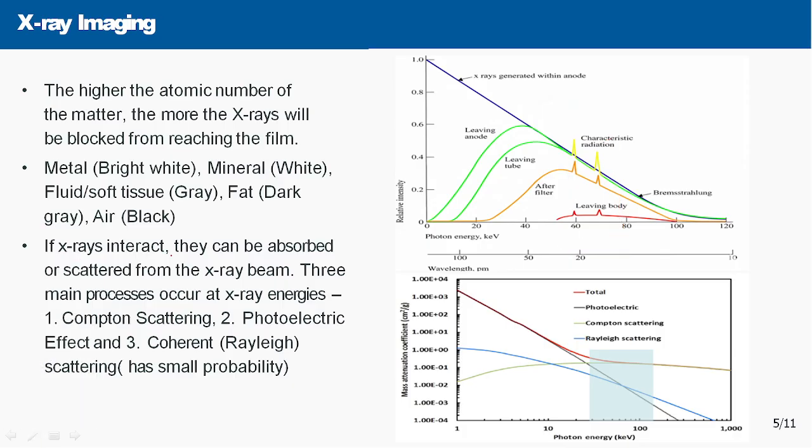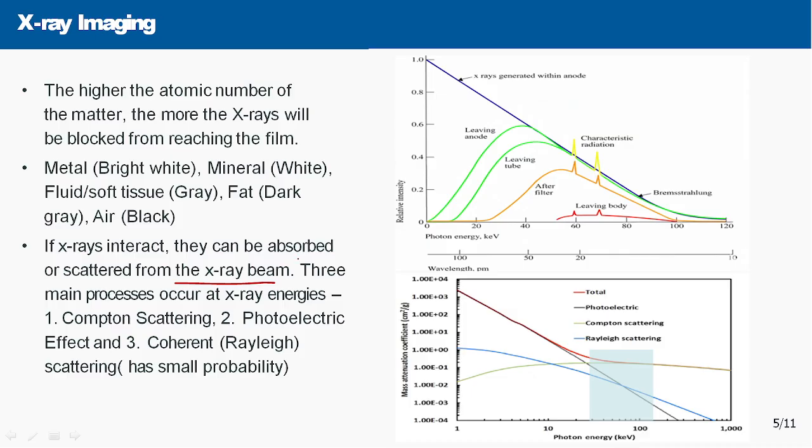If X-rays interact, they can be absorbed or scattered from the X-ray beam. When the X-ray passes through different masses of our body like bone, fat and tissue, they undergo different processes.